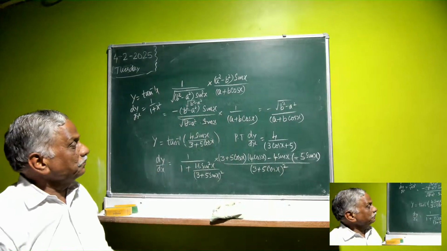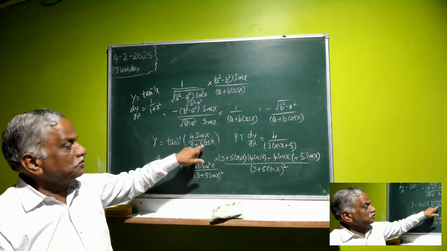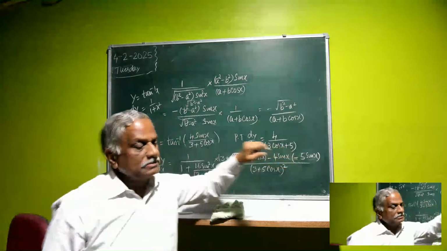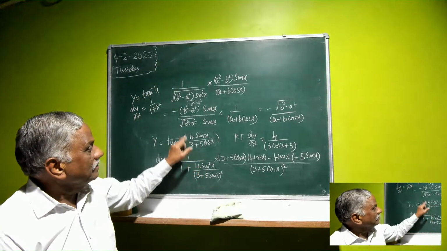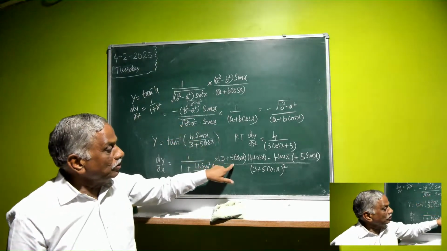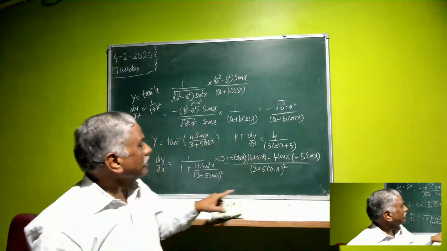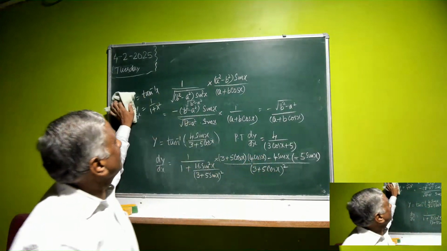I'll explain once again. There was a mistake in copying the problem. The actual problem is 4 sin x over 3 plus 5 cos x. You have to prove this. Now tan inverse gives 1 over 1 plus x square, which I have written here. Now this is the quotient rule. I keep the denominator, differentiate the numerator. I keep the numerator, differentiate the denominator, divided by the denominator square.